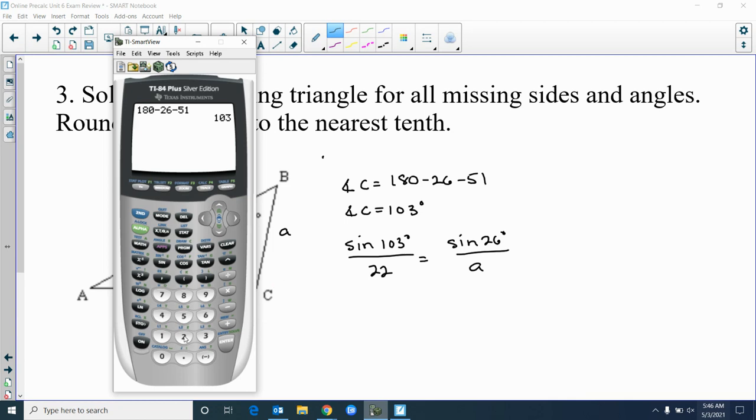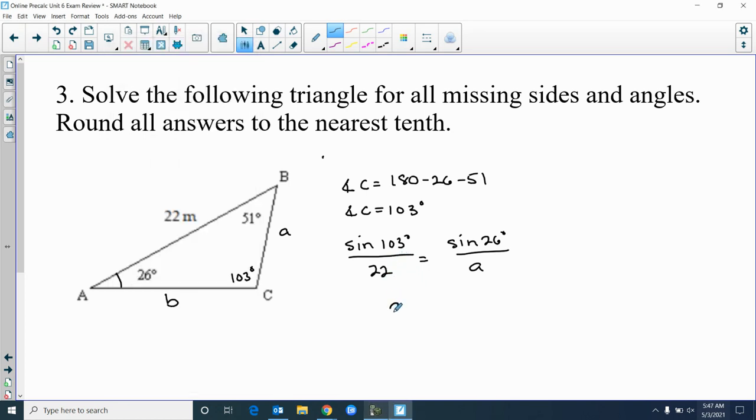So you're going to take 22 times sine of 26 and divided by sine of 103. And I get 9.897. So if I'm rounding to the nearest tenth, that's going to be 9.9. So A equals 9.9.